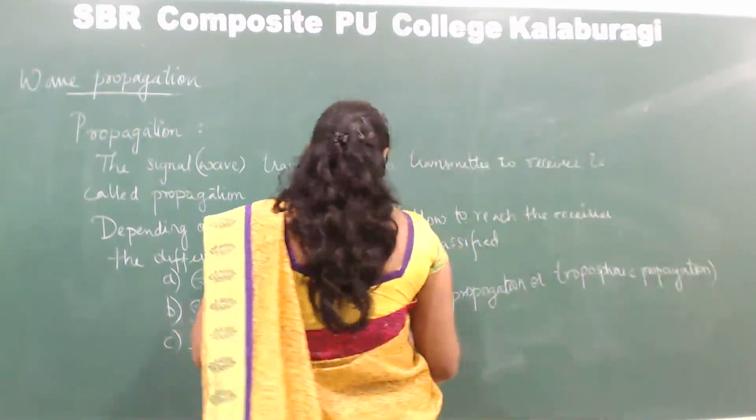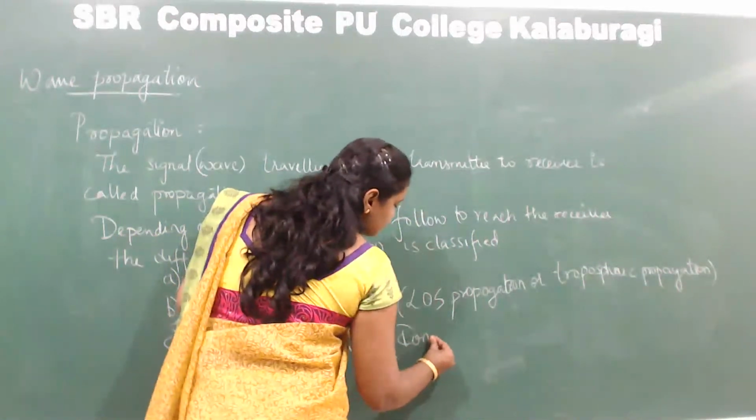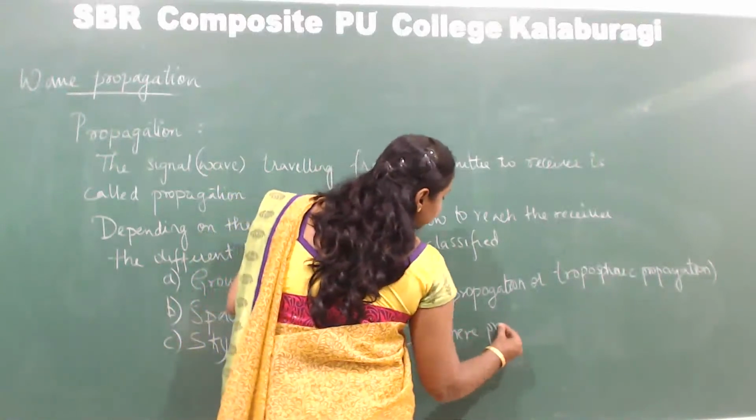The skyway propagation is also called ionospheric propagation.